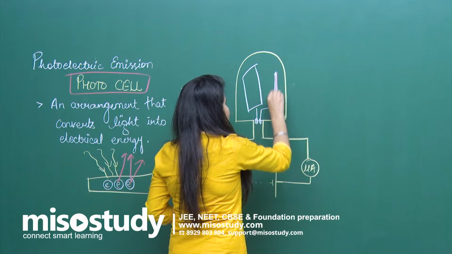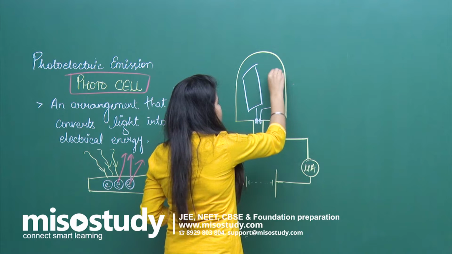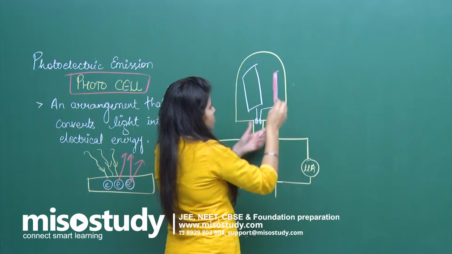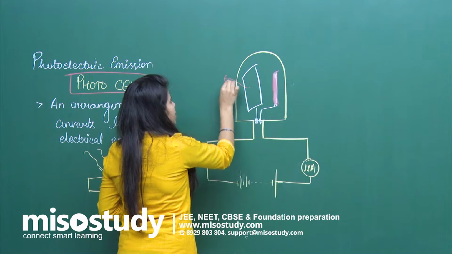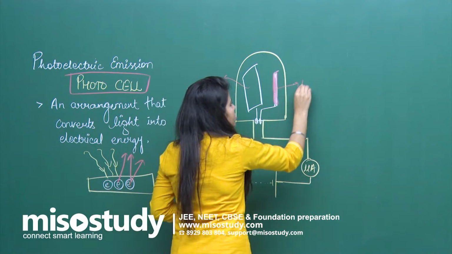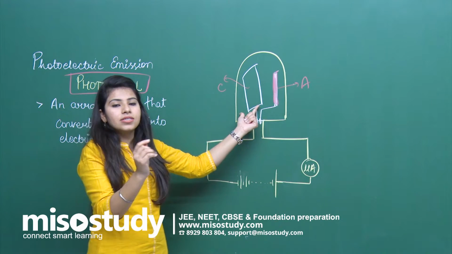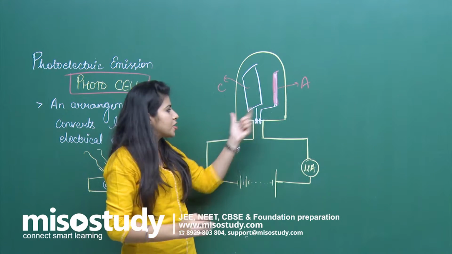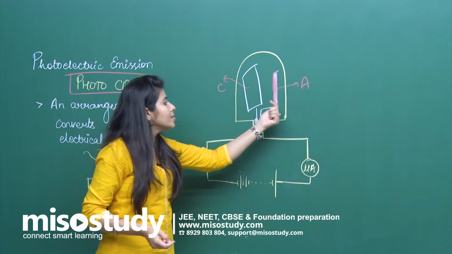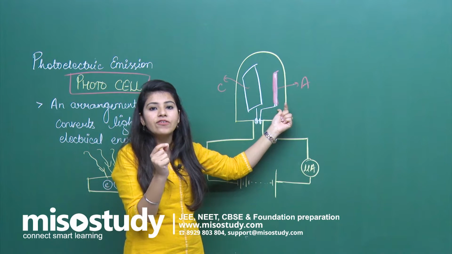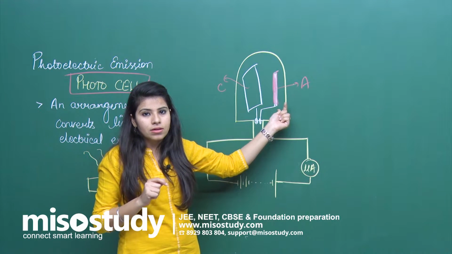Say this is my anode and this is a cathode. This cathode is made in a semi-cylindrical shape and this anode is made in the form of a wire.